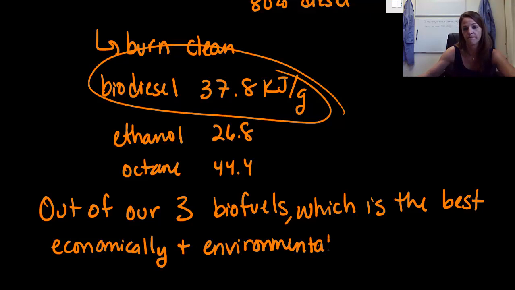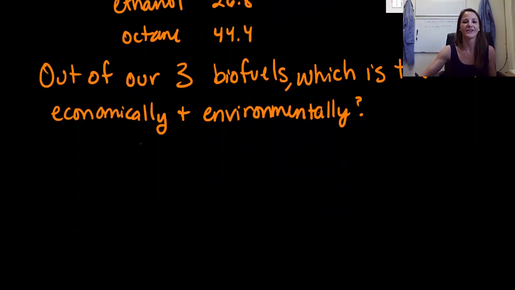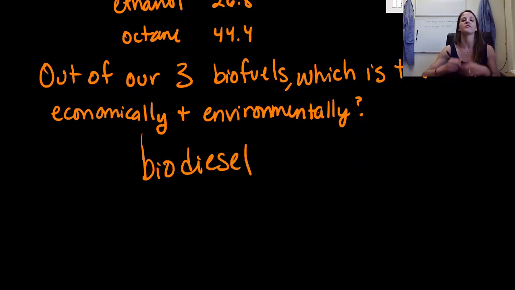What do you think? Go. All right, did you get an answer? Hopefully you did, and the correct answer is definitely biodiesel. So biodiesel burns very, very cleanly, but it also releases the most amount of energy per gram combusted out of our 3 biofuels and out of most of our oxygenated fuel. So it's actually a great alternative source of energy that is renewable.